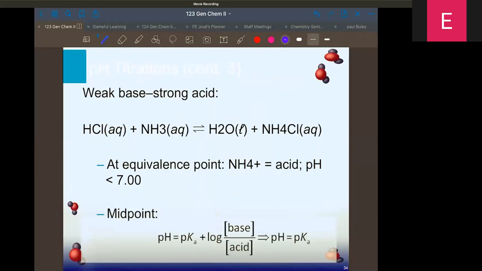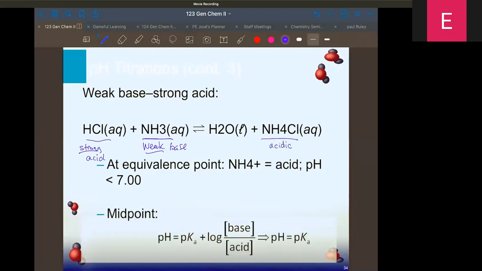Okay, so you can do this with ammonia, for example, and compare ammonia to HCl. Here we have ammonia being titrated with HCl, and again you have a weak base and a strong acid, and therefore the salt is going to be acidic.